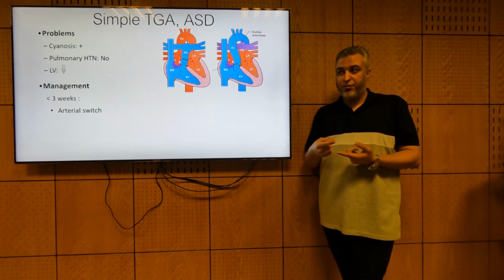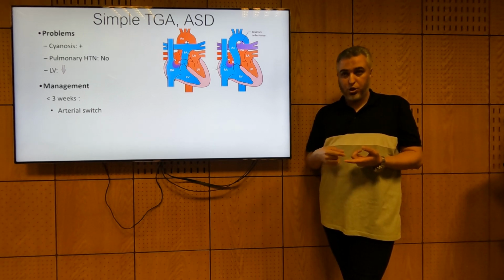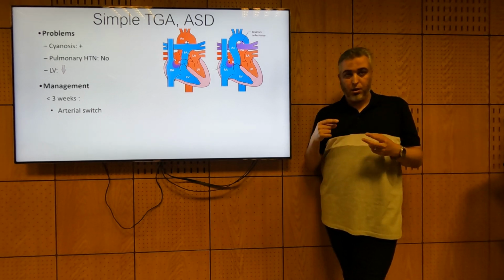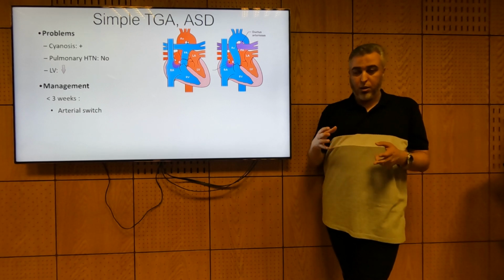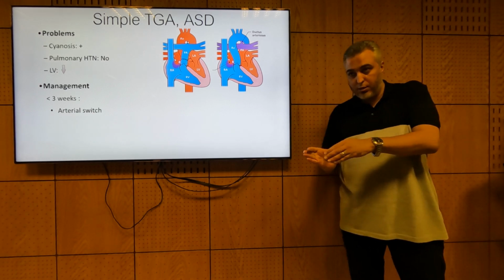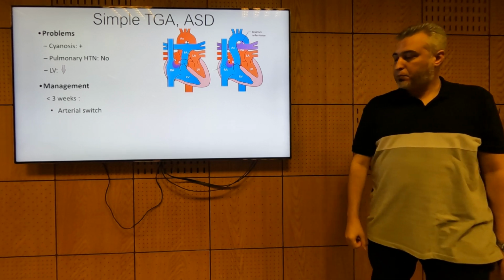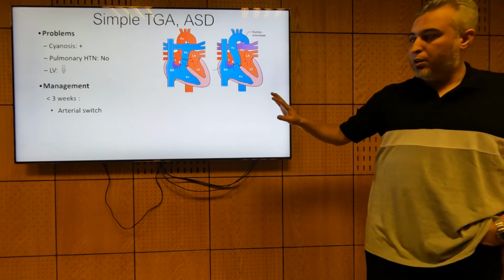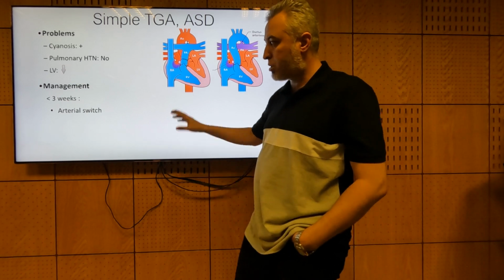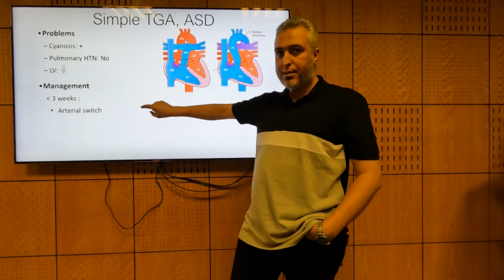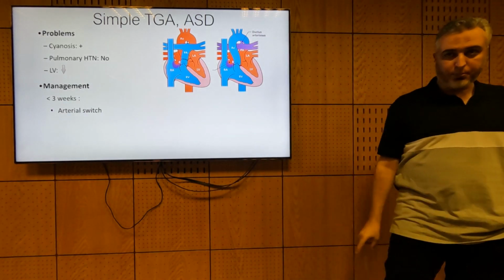There is a risk of coronary ischemia during that transfer. There is a risk of bleeding. Patients are actually very small, and this is a big operation, so they need special care. But again, from all the options, this operation provides the best long-term outcome.